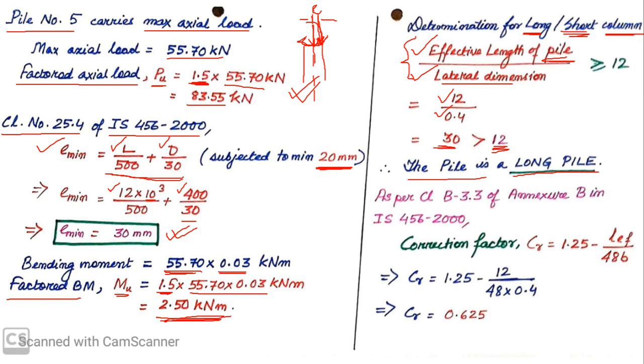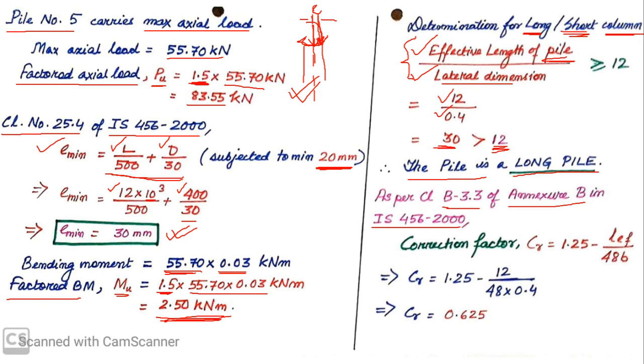Now when the column or the pile is a long pile, then clause number B 3.3 of Annexure B in IS 456-2000 says that if your pile is a long pile, then you need to apply a correction factor to your axial load and to your bending moment. So what is the correction factor?